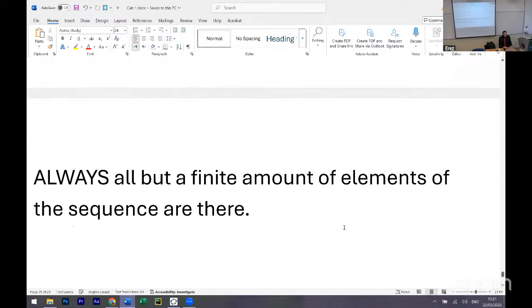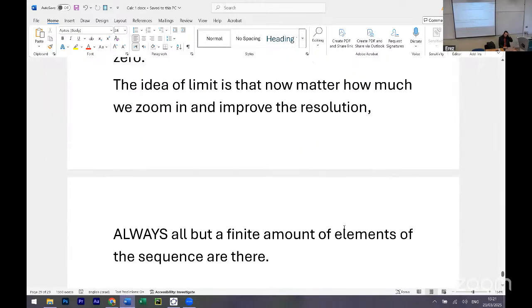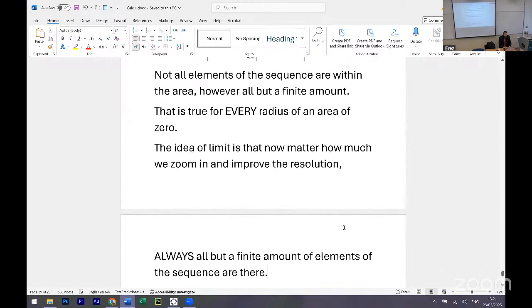I will write it in a few seconds as a mathematical definition, but it's basically this. I wish to say for every area of the so-called limit, all of the elements are there, but a finite amount is allowed to stay out of the area.